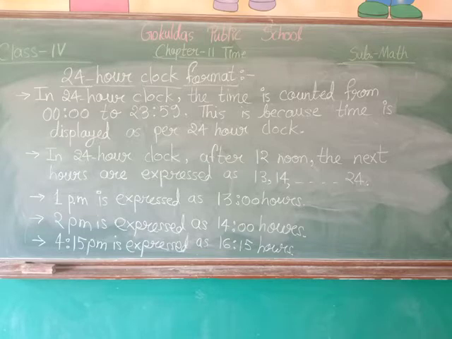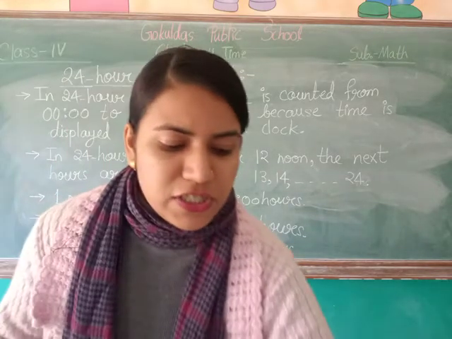For example, 1 p.m. is expressed as 13 hours. 2 p.m. is expressed as 14 hours. 3 p.m. is expressed as 15 hours. 4 p.m. is expressed as 16 hours. 5 p.m. is expressed as 17 hours. Okay, so this is how we express time in 24-hour clock format. Now note down some more points about 24-hour clock format which you need to remember.